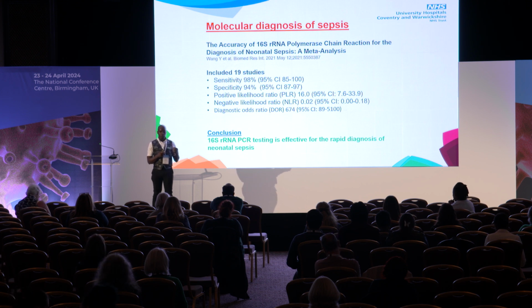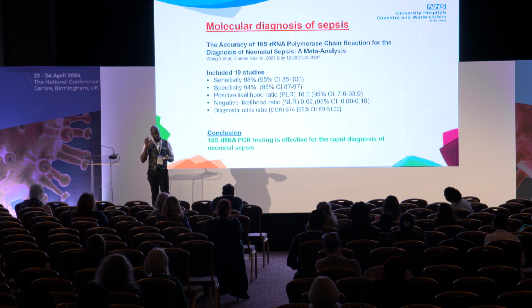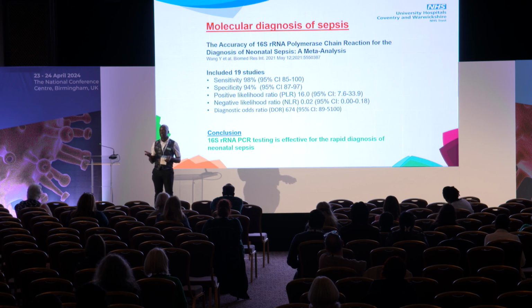So a PCR would be very useful, especially in neonates, because you can detect whether there's some fragment of bacteria there, whether it's dead or not, you're still able to find that. Looking at the studies, it looks like 98% sensitivity to detect something in blood using 16S PCR.